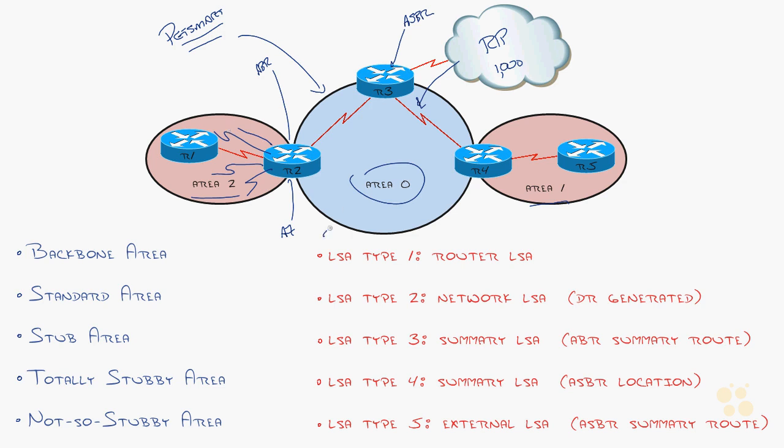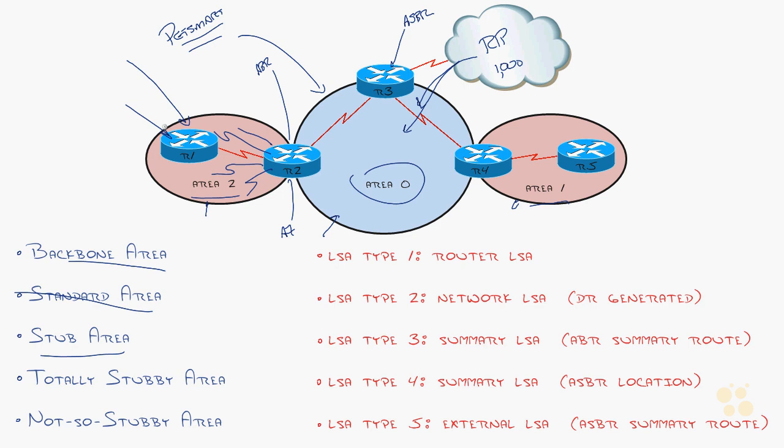So backbone area, you can see right there, we've got area 0. Standard or normal area would be considered area 1, area 2. Let's talk about the first one, the stub area. The stub area is designed around the fact that all these routers in area 2 don't really benefit from getting the external routes. I mean, think about it. We've got RIP redistributing 1,000 routes in there. Does router 1 really care about all those routes?